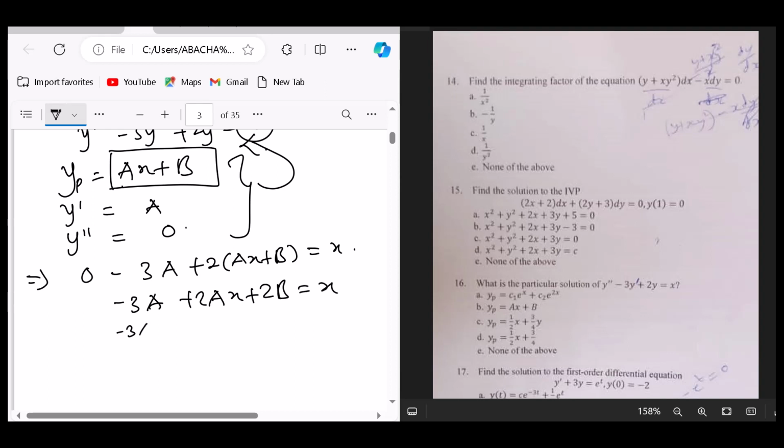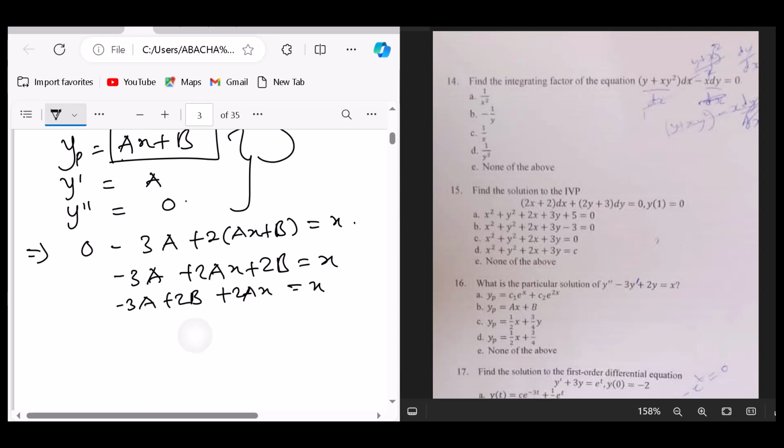So we get negative 3a plus 2b plus 2ax equals x. We do comparisons. So comparing the x coefficients, this 2a will be equal to 1 here. So 2a equals 1, this implies a is equal to 1 over 2.